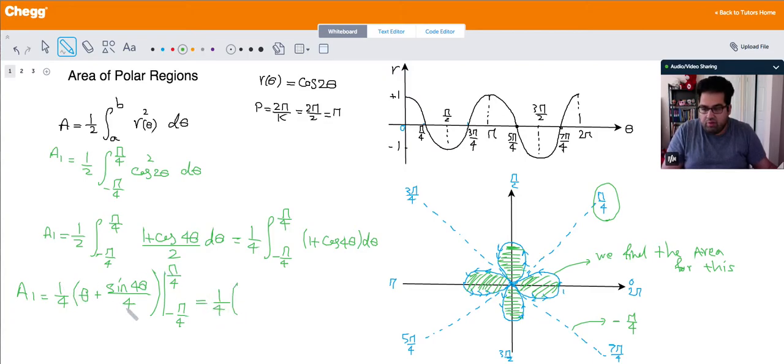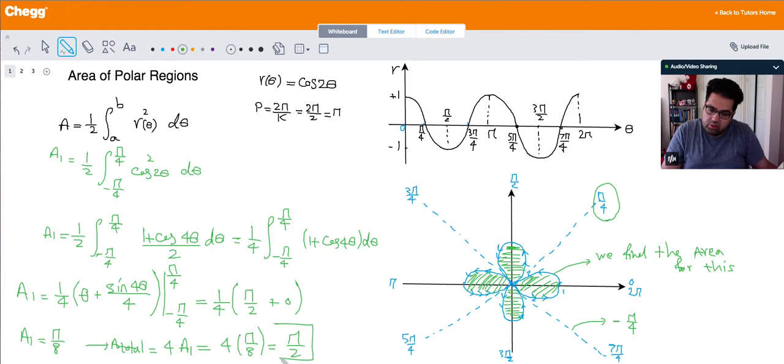Pi over 4 minus negative pi over 4 becomes 2 pi over 4, which is pi over 2, and then the sine of pi minus sine of negative pi is going to be 0, so we consider this 0. So A1 is going to be pi over 8, so the total is going to be 4 A1, which is 4 times pi over 8, which is pi over 2. So the whole graph encloses pi over 2 of area.